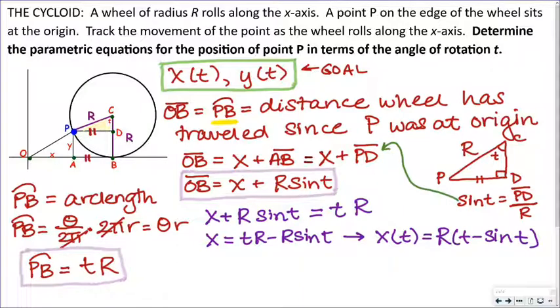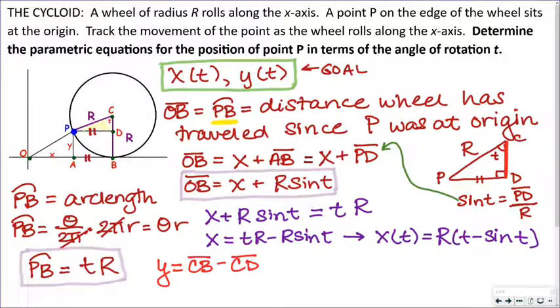we know that y equals line segment CB minus line segment CD. Well, look at this triangle over here on the right side.